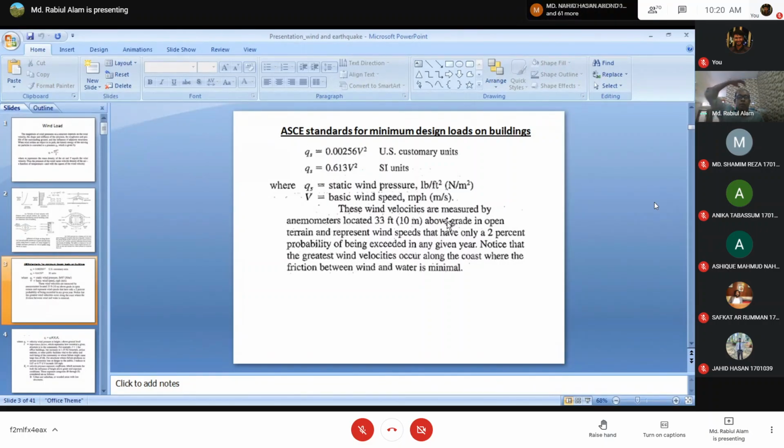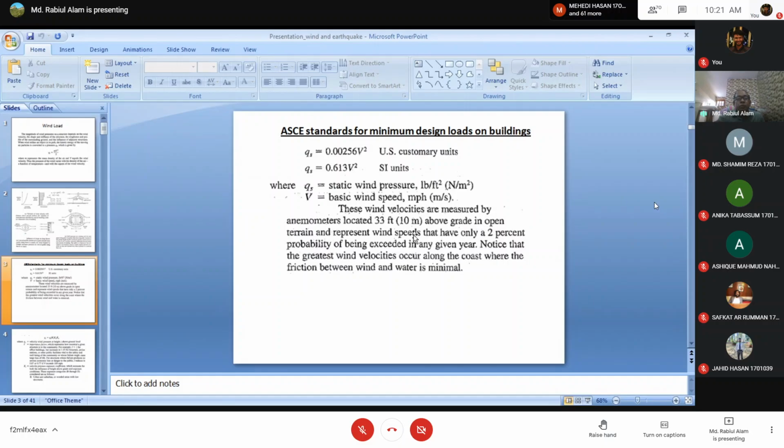Okay, and this static wind pressure is based on wind speed measured by an anemometer located 33 feet above ground in open terrain, and it represents a wind speed that has only a 2% probability of being exceeded in any given year. So the wind speed is found using an anemometer at 33 feet above the ground in open terrain.